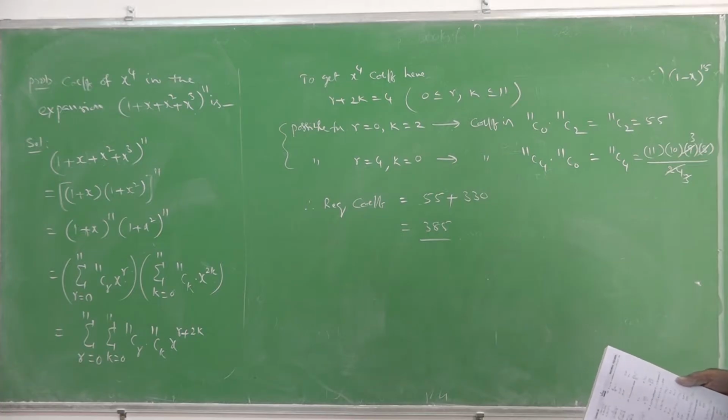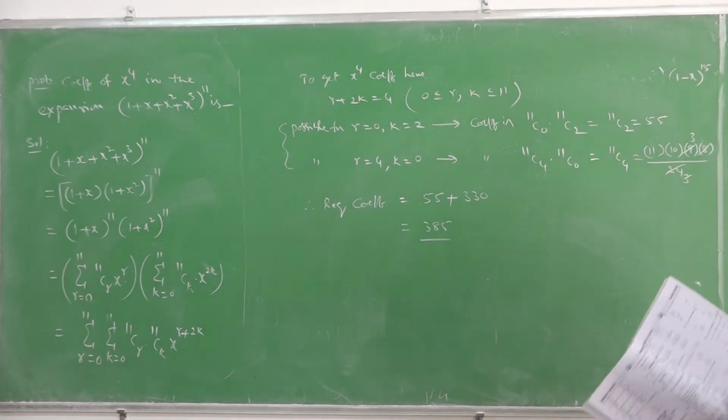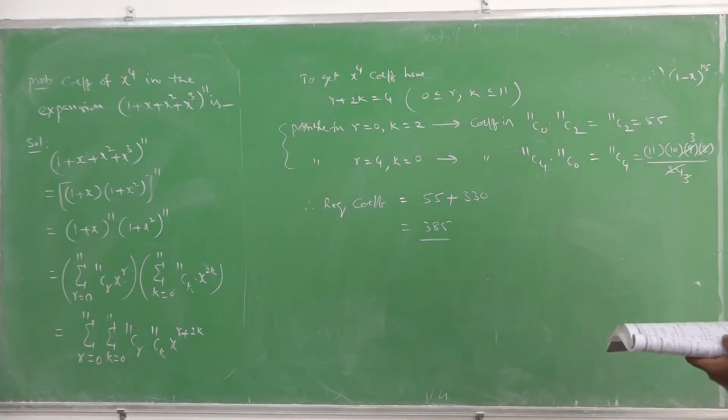Observe another possibility. Is there any other possibility here for getting x power 4? r plus 2k must be equal to 4. Taking k equal to 1, one more possibility is there.